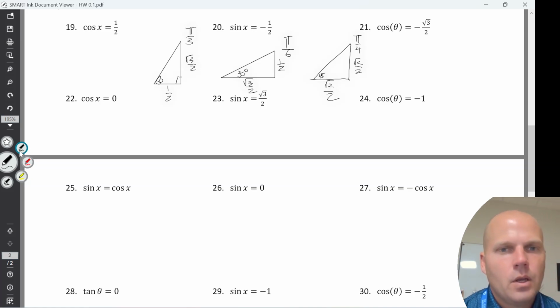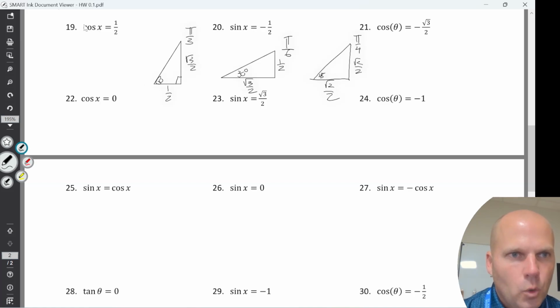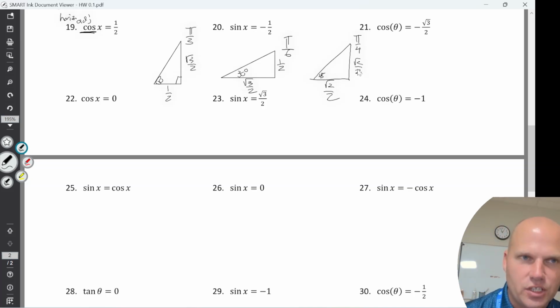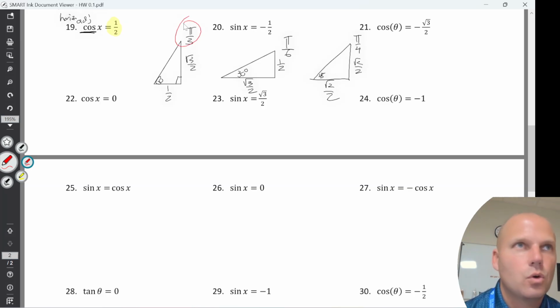Okay. Here's what we do. We know that cosine deals with adjacents, deals with horizontal. Which of these 3 triangles has an adjacent or a horizontal that equals 1/2? This triangle creates that. Cool. The last thing we have to worry about is when is cosine positive.